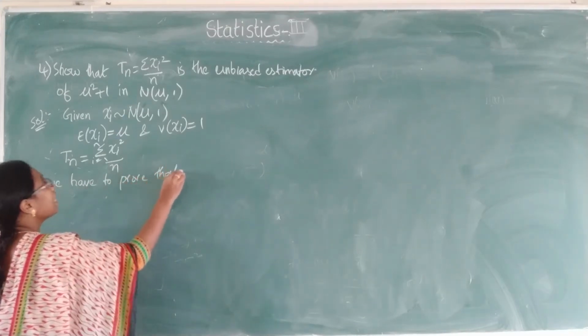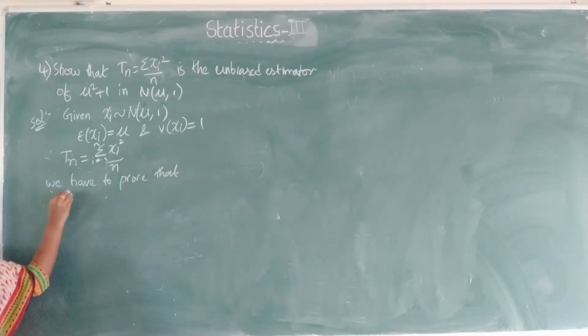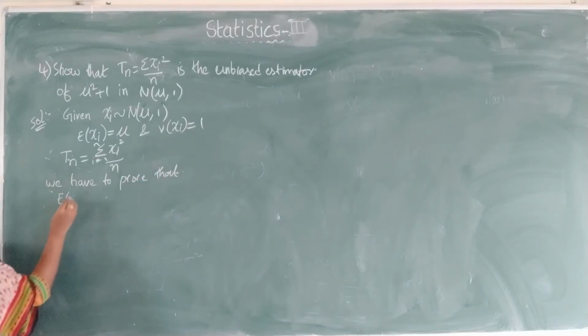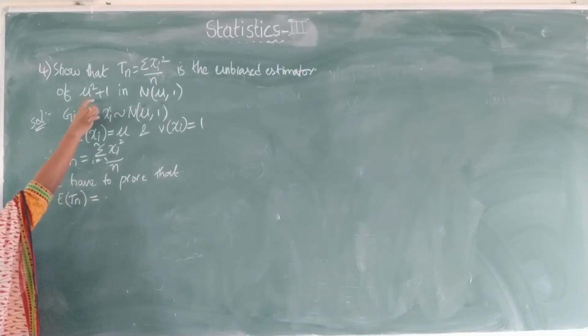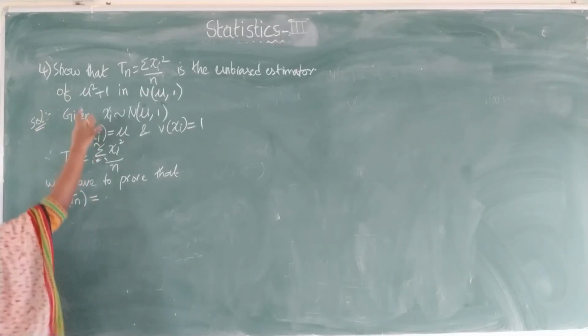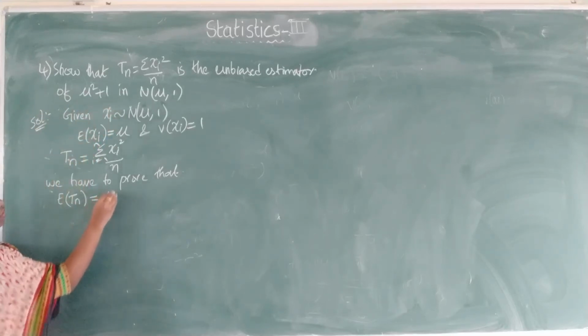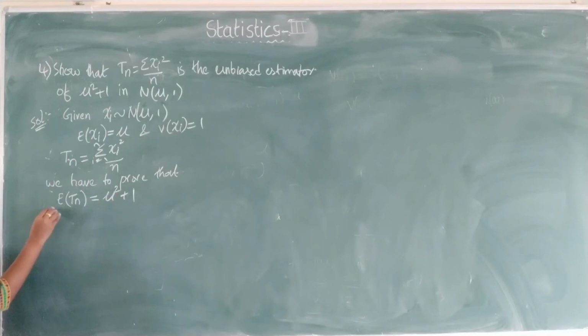Unbiased estimator means expectation of Tn equals, what is the estimate given? Mu square plus 1. So we have to prove that expectation of Tn is equal to mu square plus 1.